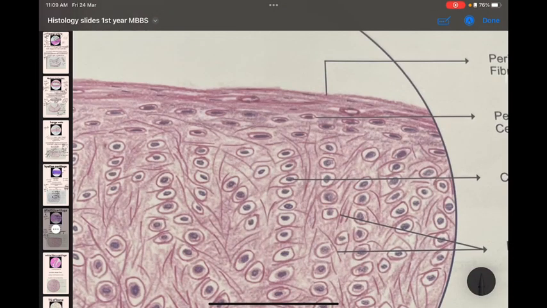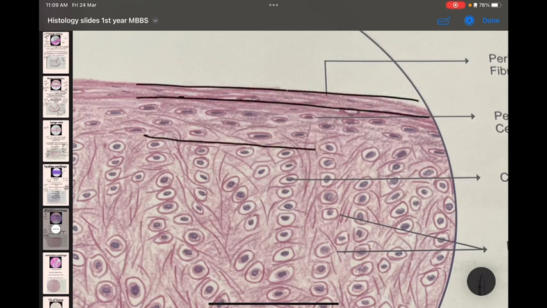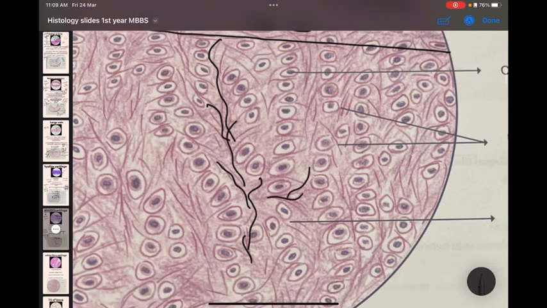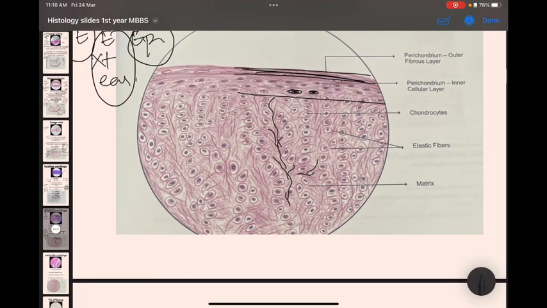Coming to the perichondrium, we have outer fibrous, inner cellular cells, fibers. Coming to matrix, we have the elastic fibers throughout the matrix, elastic fibers.